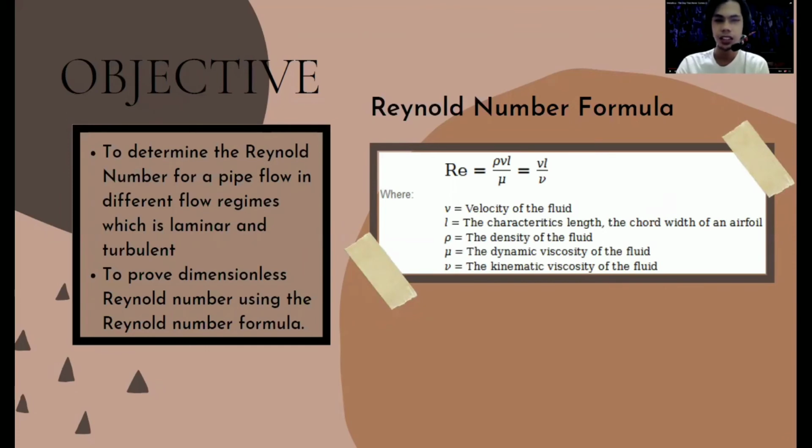Re stands for Reynolds number, equal to density of the fluid times velocity of the fluid times length, over dynamic viscosity of the fluid, equal to velocity of the fluid times length over kinematic viscosity of the fluid. We will use the formula to calculate the Reynolds number.